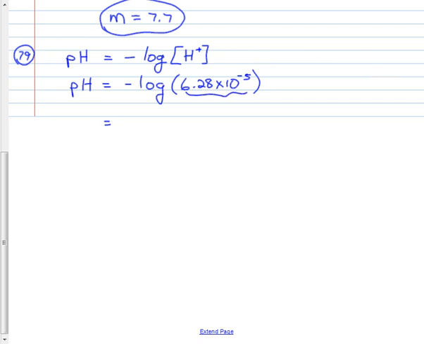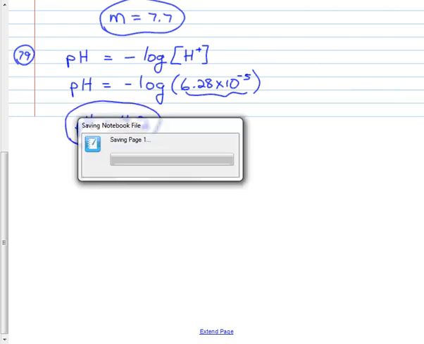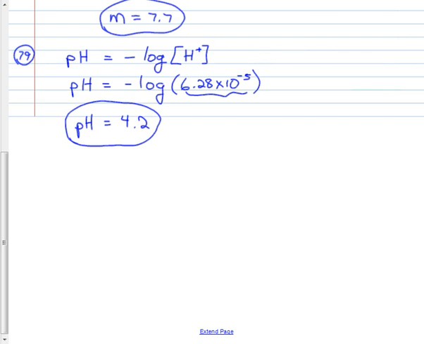And you get 4.2 rounded to the nearest tenth. Power of the hydrogen. Remember, if something is acidic, it is below 7, so that's kind of acidic. Basic, above 7. 7 is neutral.